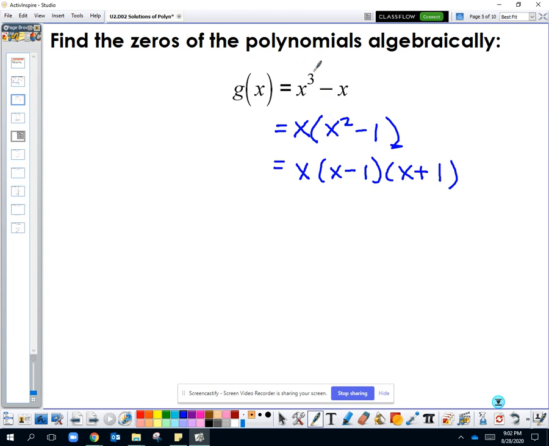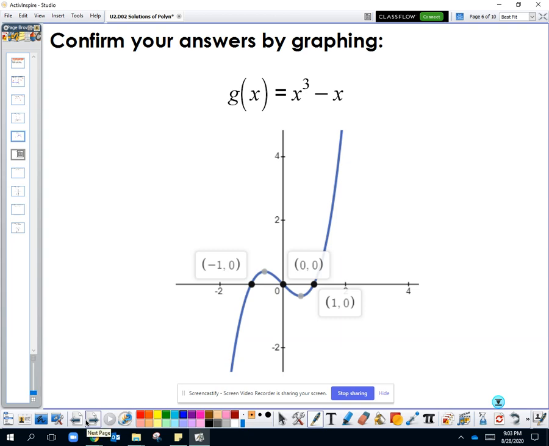You'll notice that the degree is 3 and I have 3 different factors. So I set each of these factors equal to 0 and solve. My 3 solutions are x equals 0, x equals +1, as well as x equals -1. And again, we can confirm that by graphing. I see the 3 x-intercepts, the 3 roots, the 3 solutions.